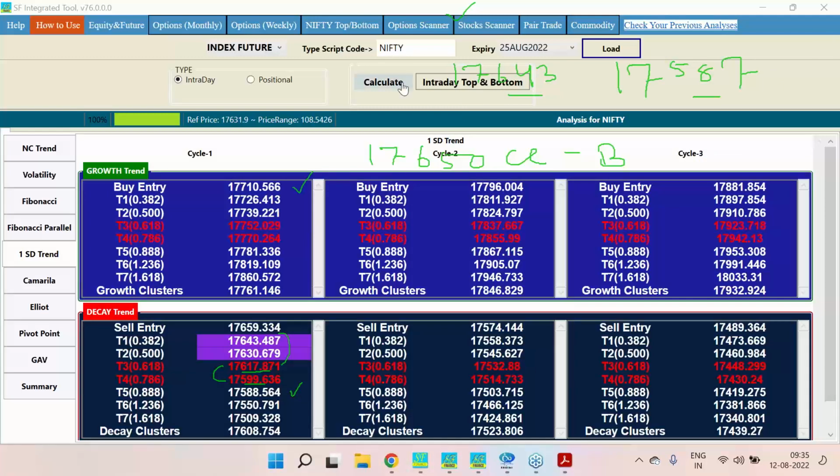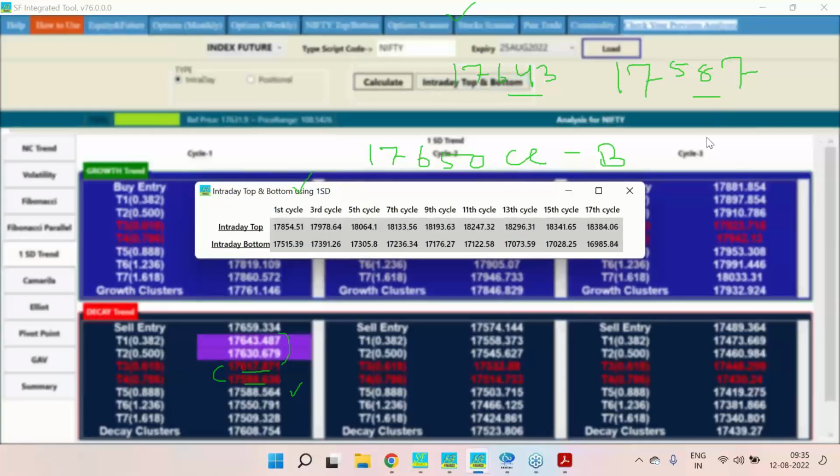Now Gautam will explain the intraday top and bottom and how to use it. Now we can go to the intraday top and bottom for the Nifty. The market is in a downtrend, so the first cycle of the bottom will be 17,515.